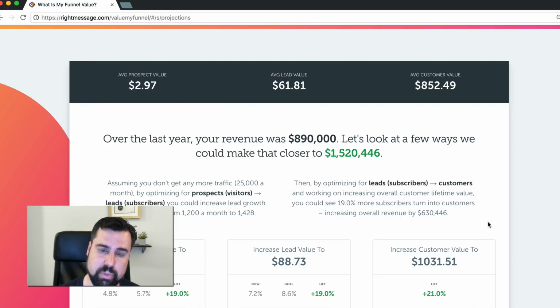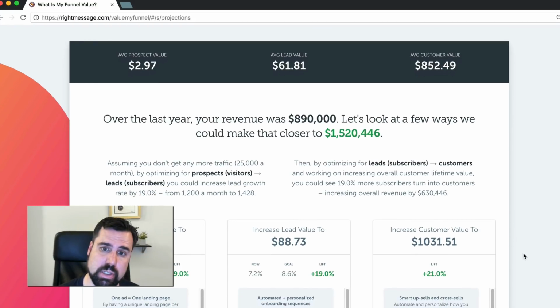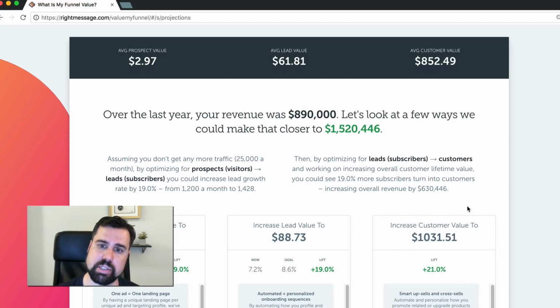that superimposes averages from the RightMessage customer base, in terms of increases that they've seen in overall leads generated, or the amount of people who are subscribers who turn into customers, or the average value per customer. And we just really superimpose our data on top of your data and give you some ideas on how to get to an ideal, which in this case would be getting a company that does about 900,000 a year to 1.5 million a year.